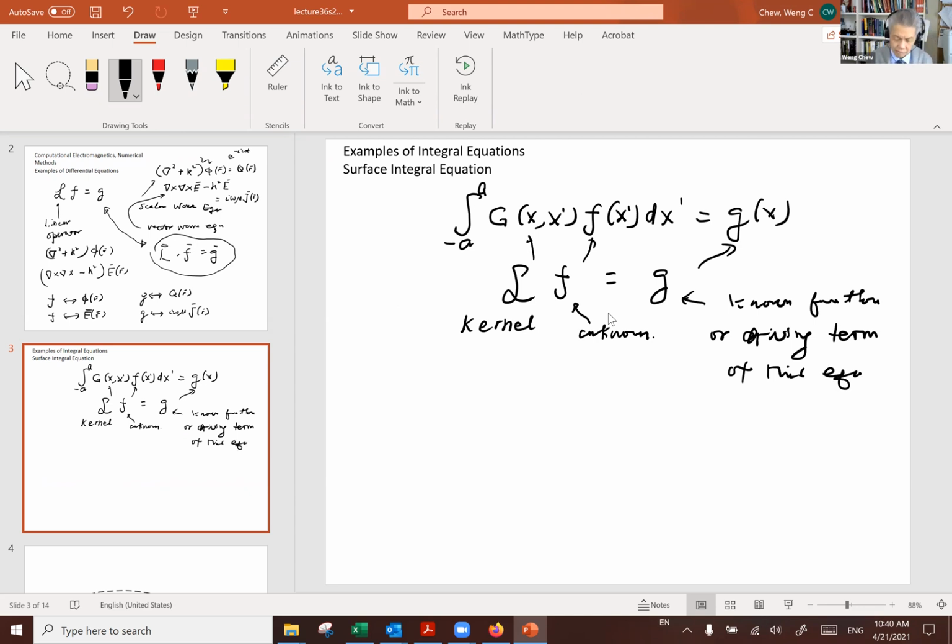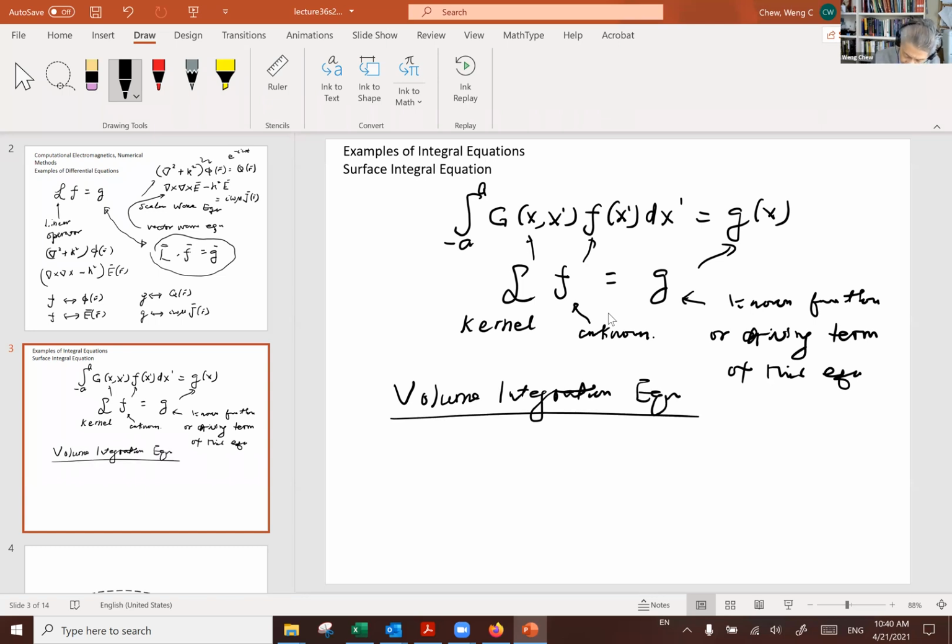So what are the examples of volume integral equation? The simplest example I could think of is actually a solution of a scattering problem called the volume integral equation. Say if we have a scalar wave equation to solve, and the scalar wave equation is not that simple, but involving inhomogeneity in the wave number.